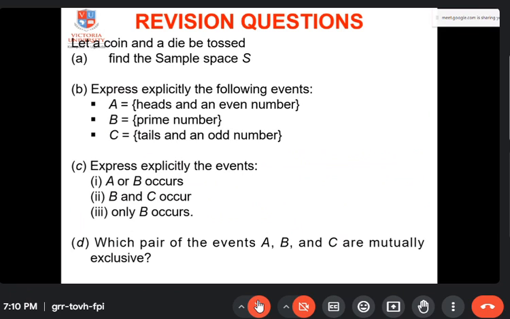Don't you see any intersection there between A and B?